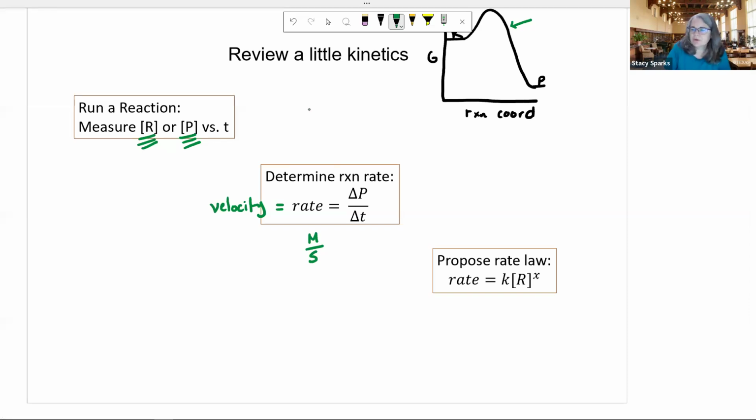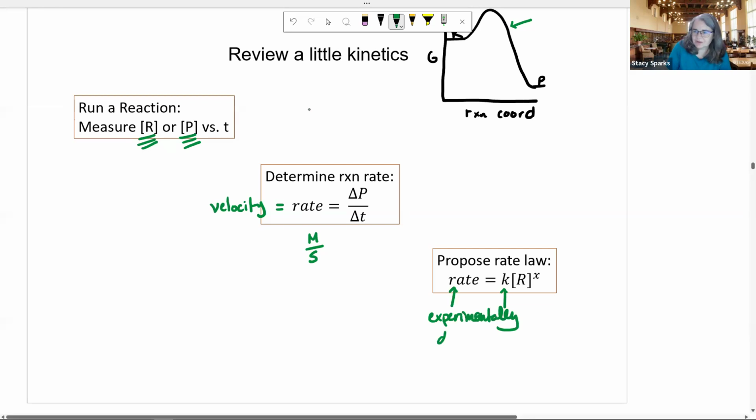And then we can propose a rate law. Okay, so rate equals k. We've got this proportionality constant right here. And right now, this would be experimentally determined. That is very messy, but you get the idea.